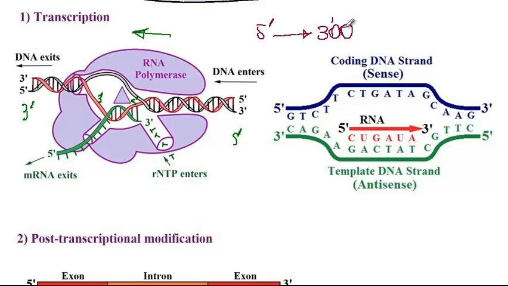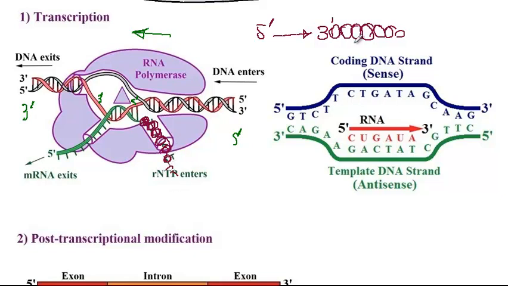So that's the only side that new nucleotides can be added. We can't add nucleotides at the 5' end. So here we have 5' to 3', and so as new ribonucleotide enter, new ones can be added to this growing chain.